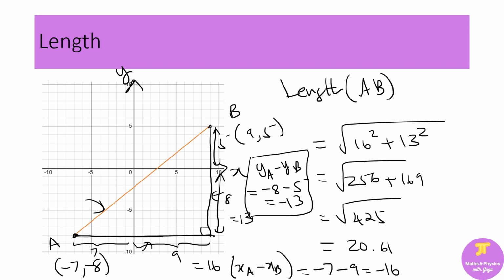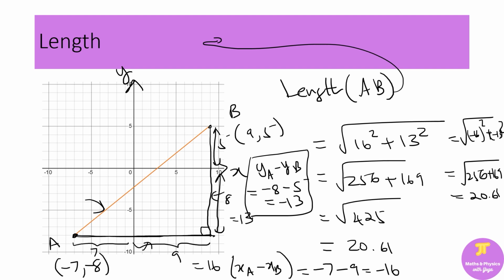So -16 squared plus -13 squared is 256 plus 169, the square root of which is 20.61. So the length of AB is the square root of (XA minus XB) squared plus (YA minus YB) squared.